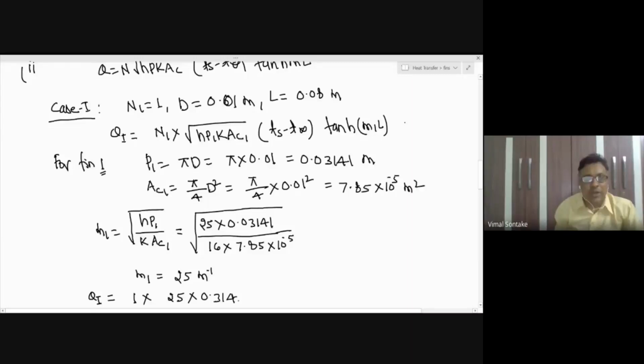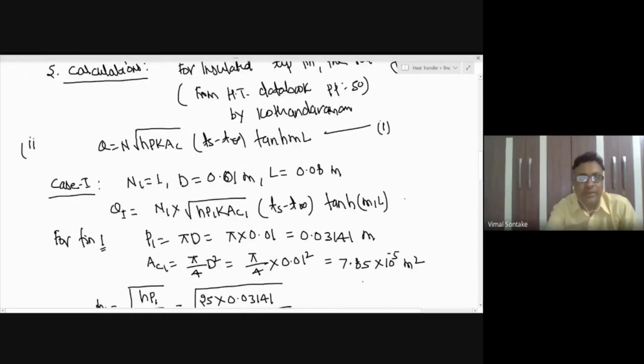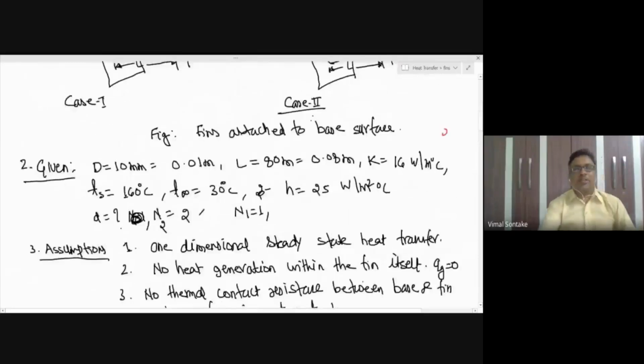This is the value of perimeter P1. hPkAc, k value is 16 and cross-sectional value is 7.85 into 10 to power minus 5. This is under root hPkAc. What is the value of Ts and T infinity? 160 and 30.